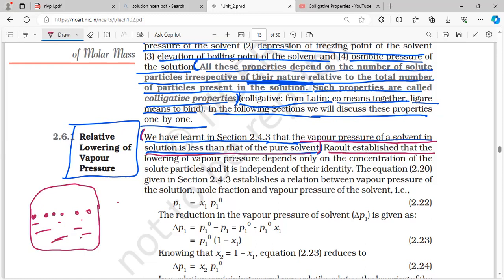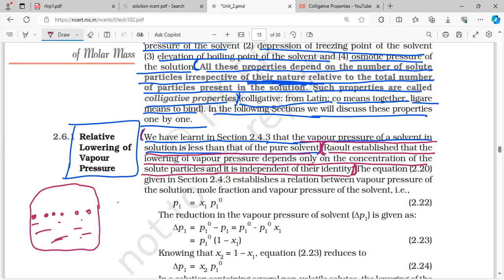Raoult's law established that the lowering of vapor pressure depends only on the concentration of the solute particle, and it is independent of their property, identity. So this line here is the important point.